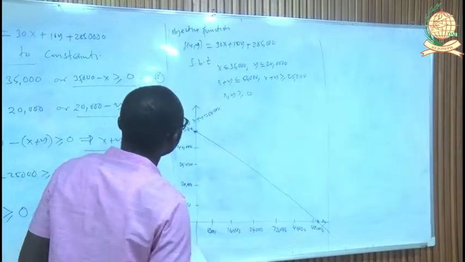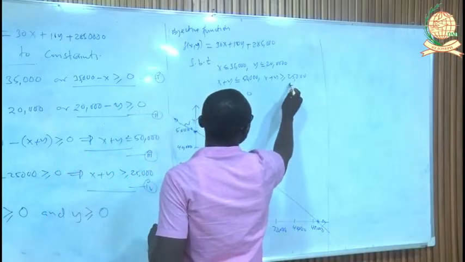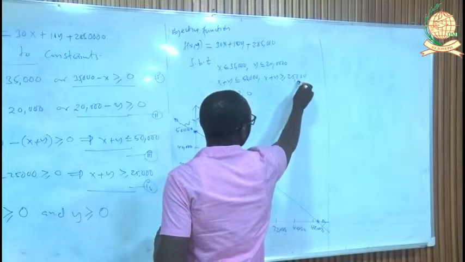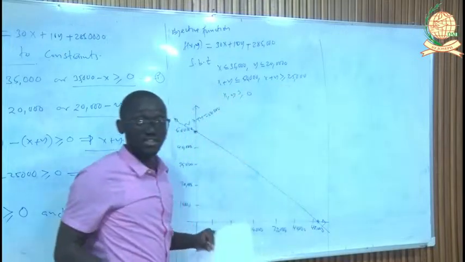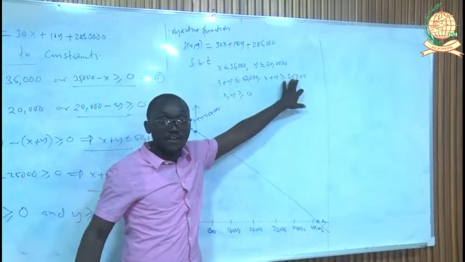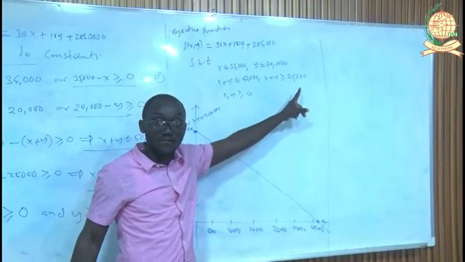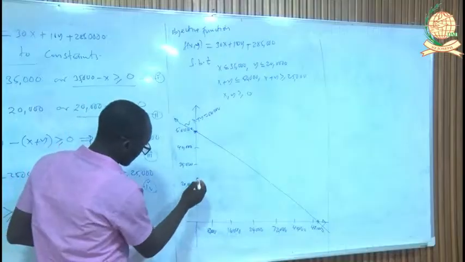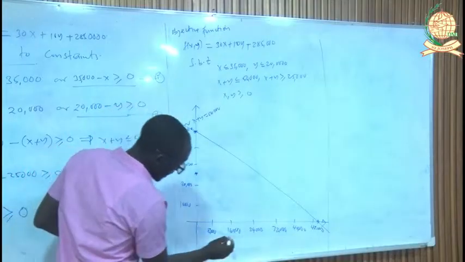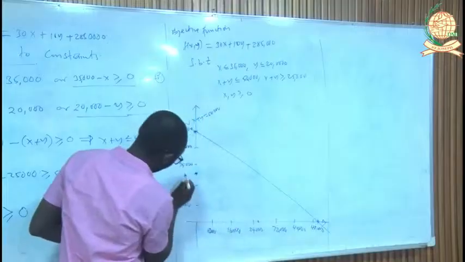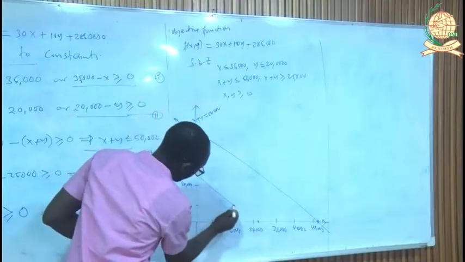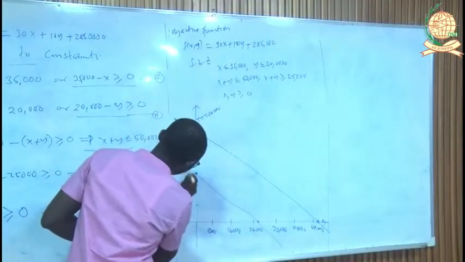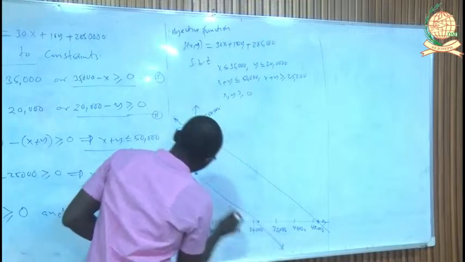And for this other line, it is simply x plus y equals 25. You mathematicians know the intercepts have to be 0 and 25,000 or 25,000 and 0. So these two lines are going to be drawn this way.